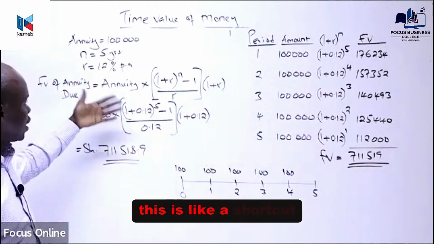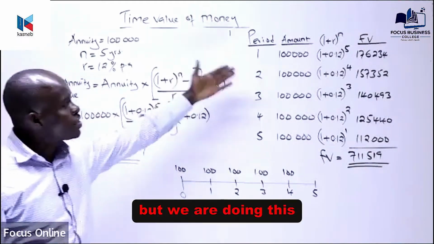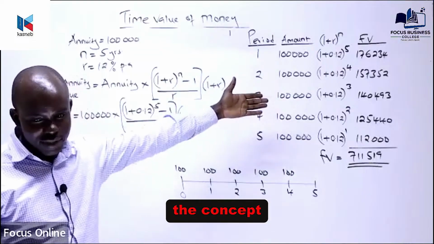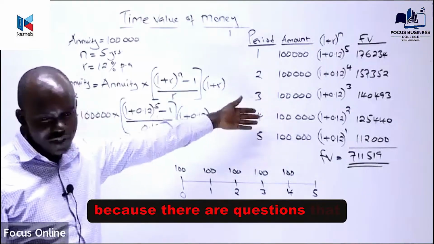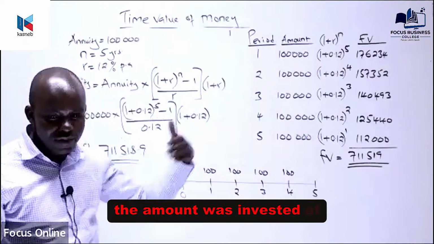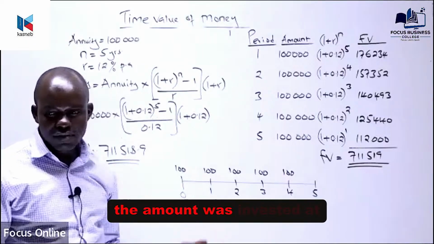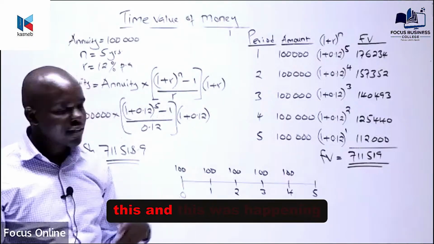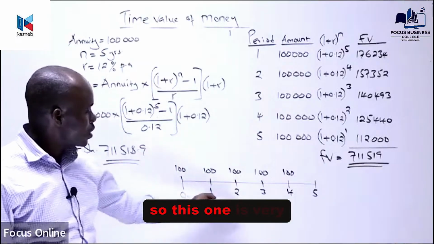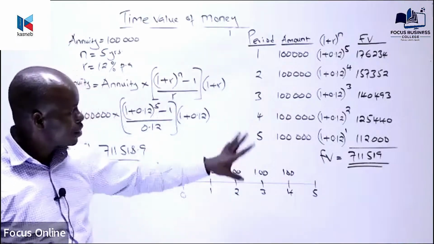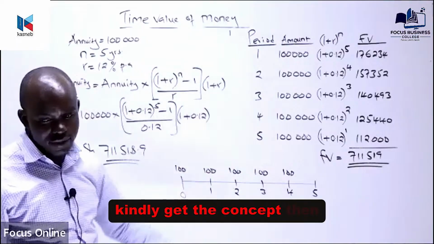Now the reason why we are doing these two methods, this is very short. This is like a shortcut, but we are doing this method so that you can get the concept, because there are questions that will tell you that the amounts were invested at the beginning, the amounts were invested at the end of the period, this and this was happening. So this one is very important. Kindly get the concept.